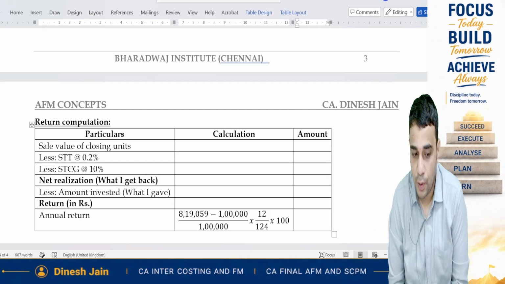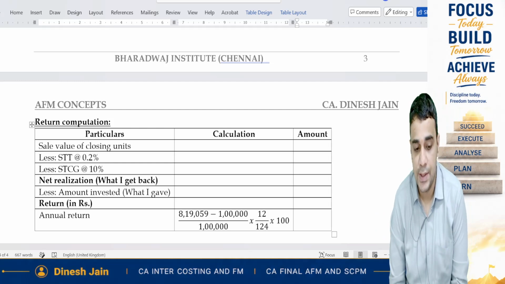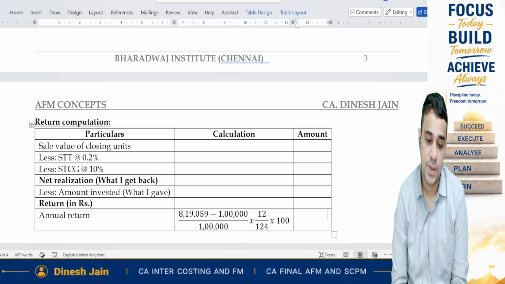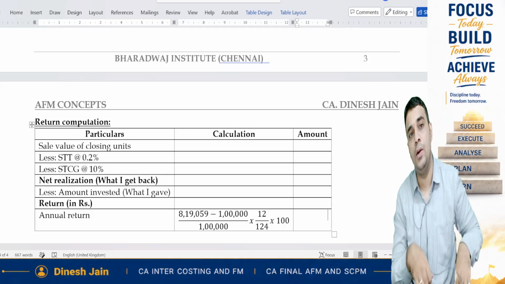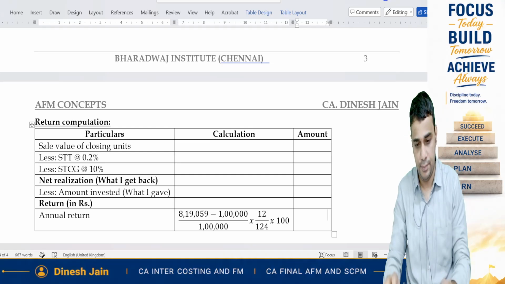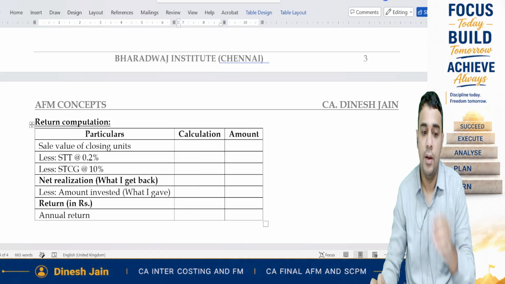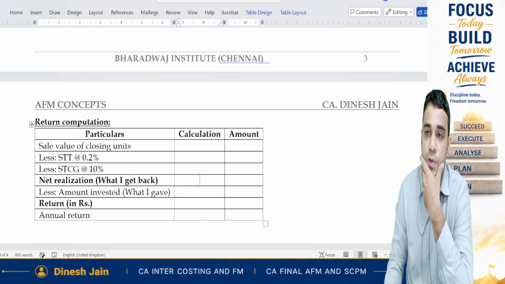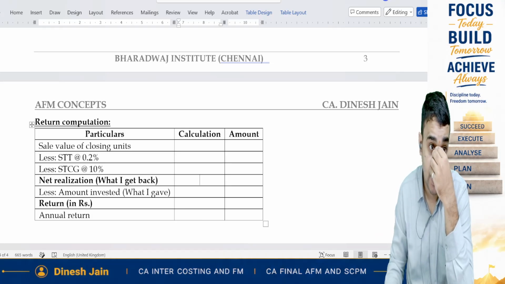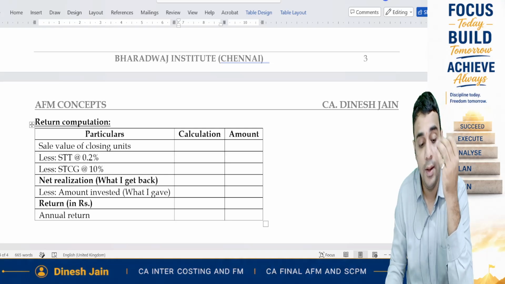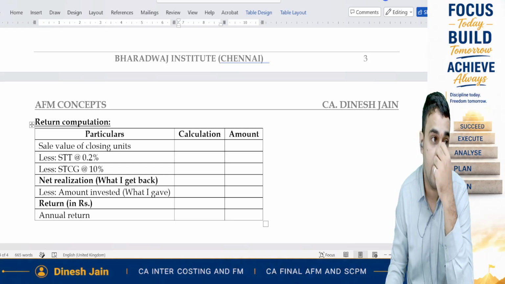Sale value of closing units, securities transaction tax, STCG, net realization, amount invested, return in rupees, and annual return.